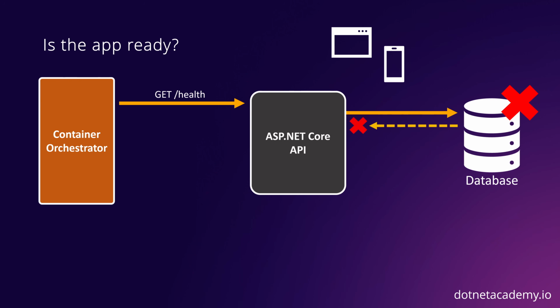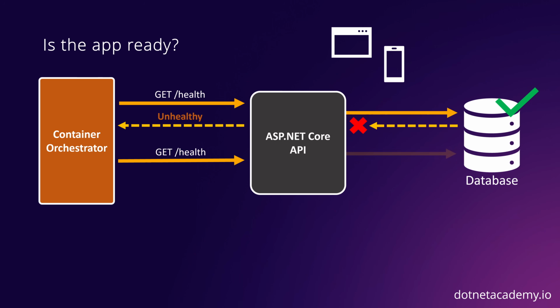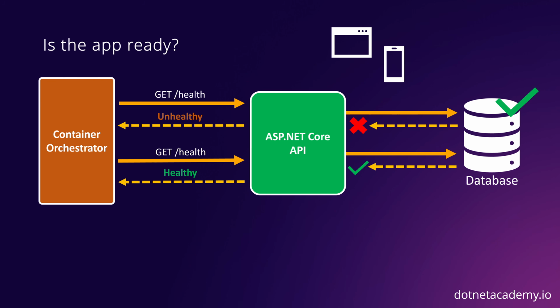The endpoint will likely return an unhealthy status while the database issue persists. But once the problem is resolved, the same endpoint will now return a healthy status. This is the signal for the orchestrator to light up our application and allow it to start receiving traffic from our clients.